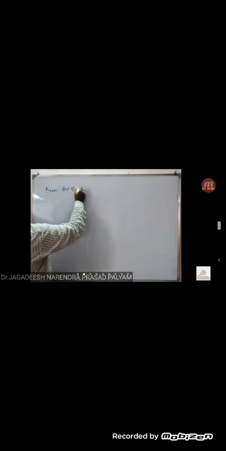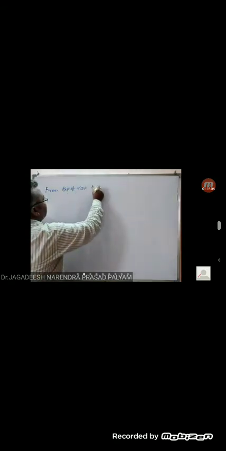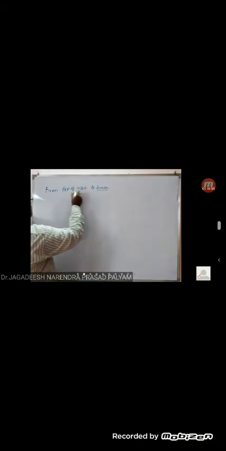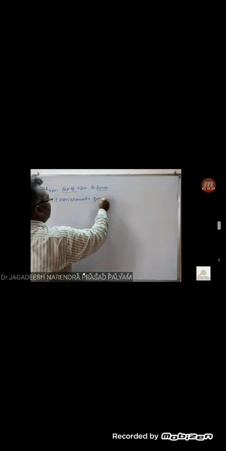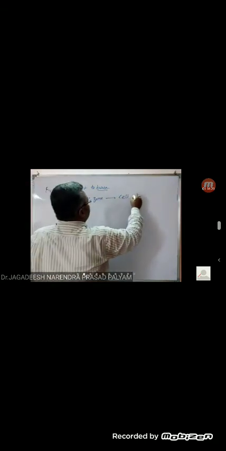From tip of root to base. Tip of root to base. Number one, meristematic zone. What will happen here? Cell division takes place.